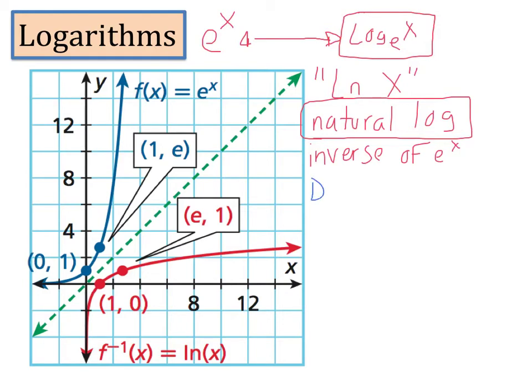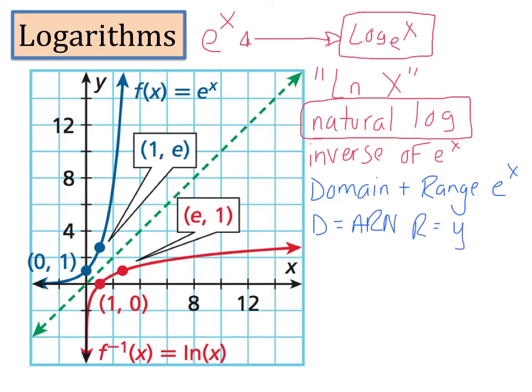Now, when we're looking at the domain and range of e to the x, looking at our graph here, we see that the domain is all real numbers, and the range is all values of y that are greater than 0.